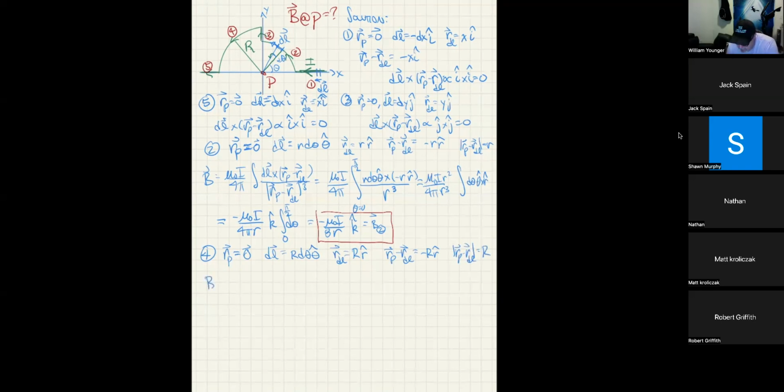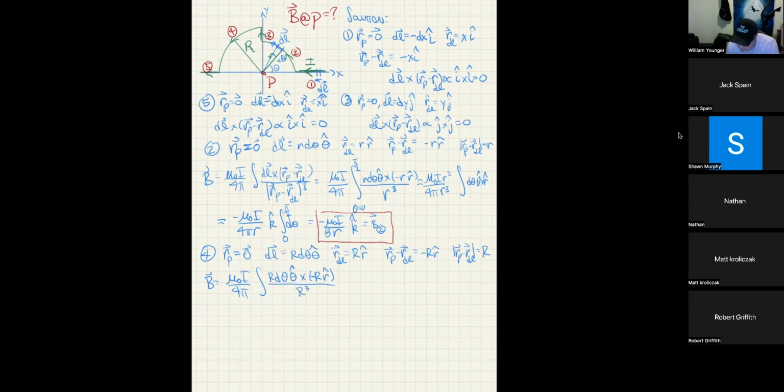And then the magnitude of RP minus RDL is just going to be R. So B is going to be equal to mu 0 I over 4 pi integral of R d theta theta hat crossed with negative R hat over R cubed.